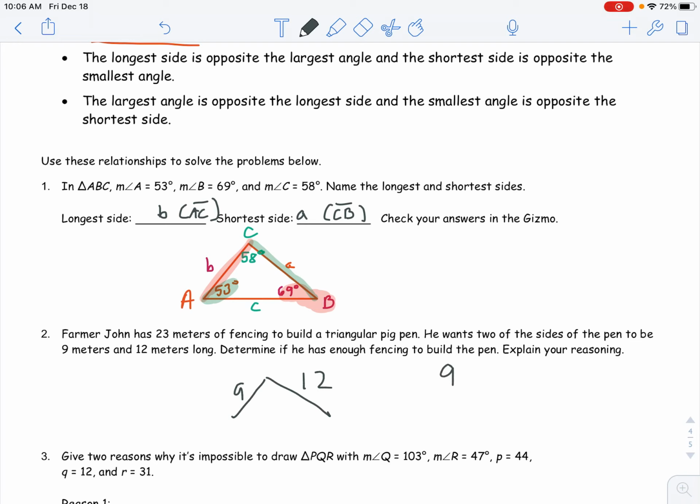Well, 9 plus 12 equals 21. So that means the third side of this fence would have to be 2. So it's 2, 9, and 12. Those are his side lengths.